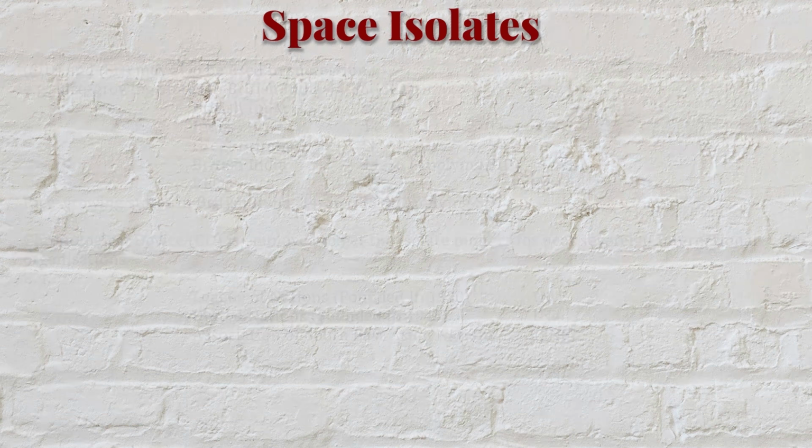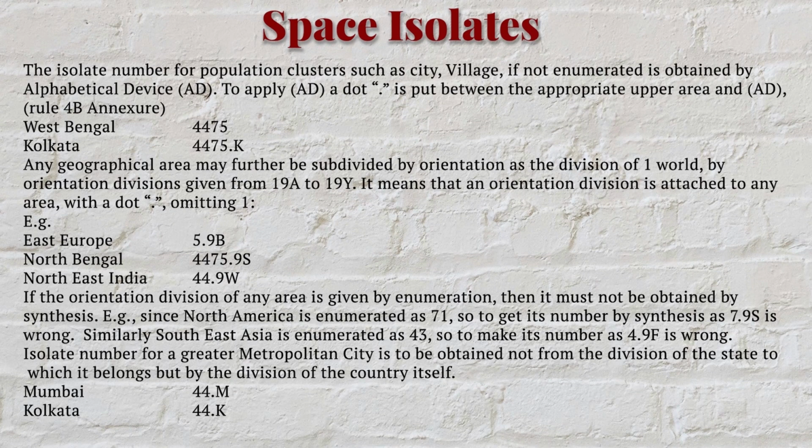The isolate number of population clusters such as city or village, if not enumerated, is obtained by alphabetical device. A dot is also required as the indicator digit for space. As you know, the notation for West Bengal is 4475.